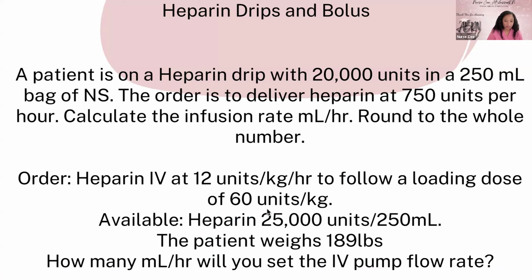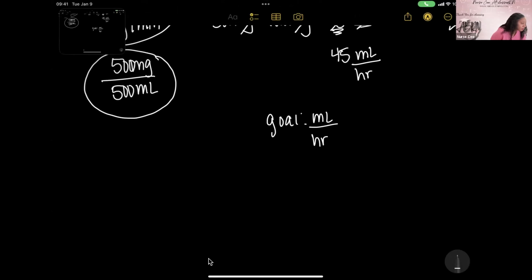So we'll need PPP: patient's weight, the prescription, and then the problem. Our patient's weight was 189 pounds. Our prescription for the drip was 12 units per kilogram per hour.